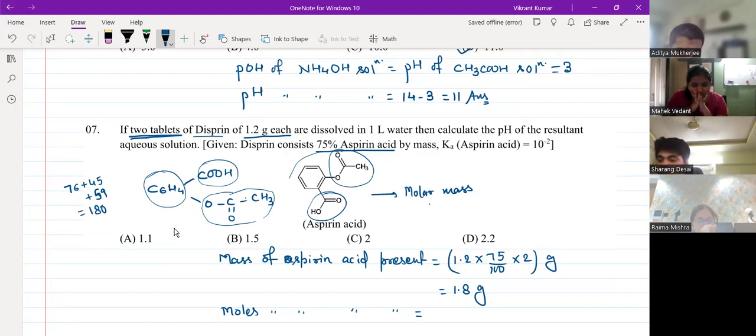So this is having 180 gram. So this becomes 1.8 upon 180, and that is 10 raised to minus 2 moles.